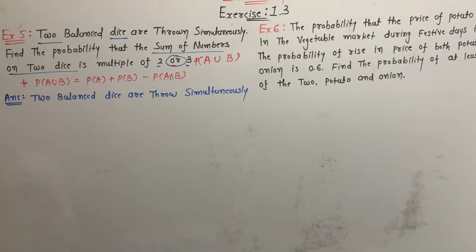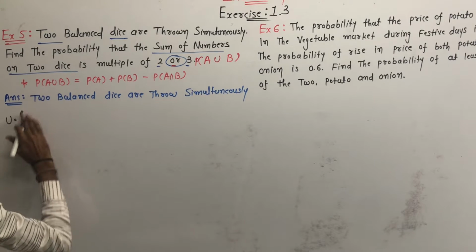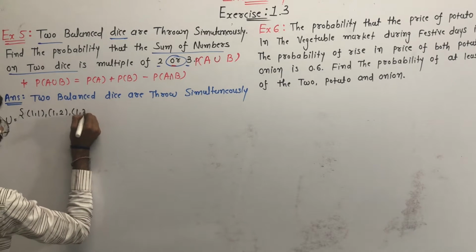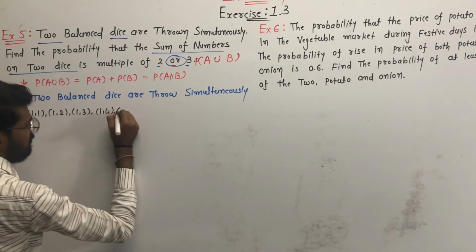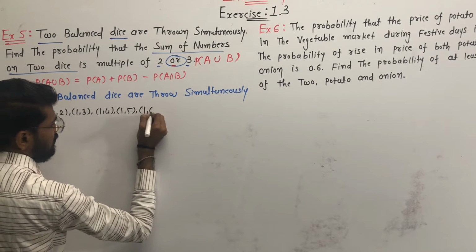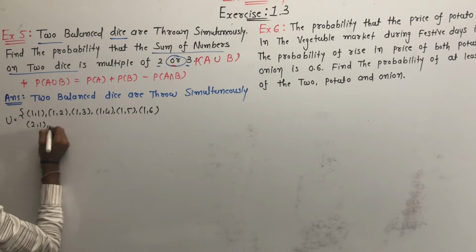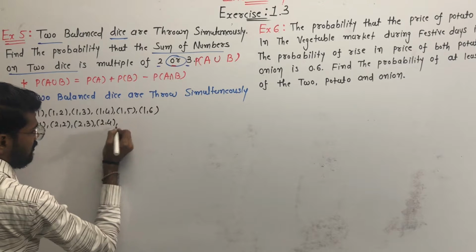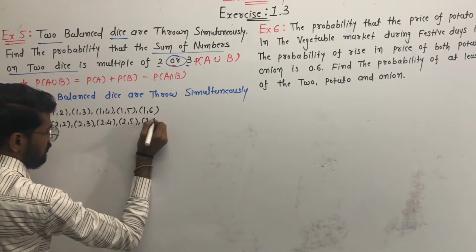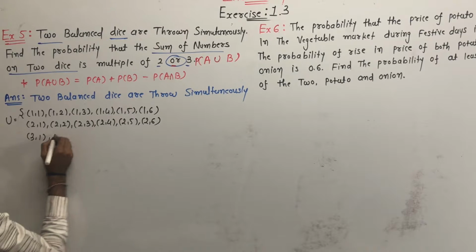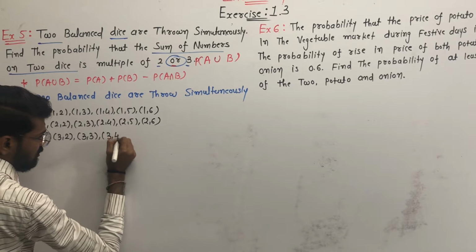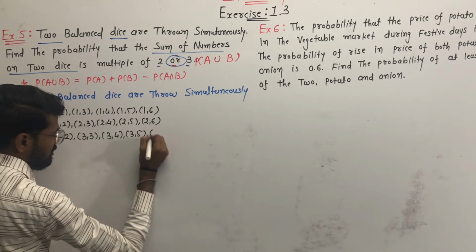So our sample space U is equal to 1 1, 1 2, 1 3, 1 4, 1 5, 1 6, 2 1, 2 2, 2 3, 2 4, 2 5, 2 6, 3 1, 3 2, 3 3, 3 4, 3 5, 3 6. Clear?